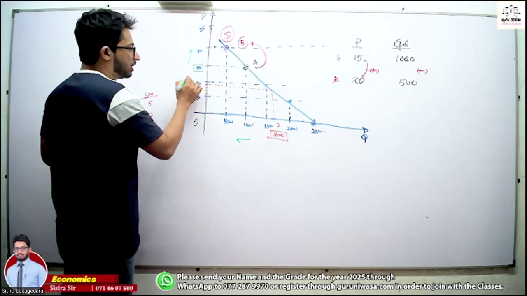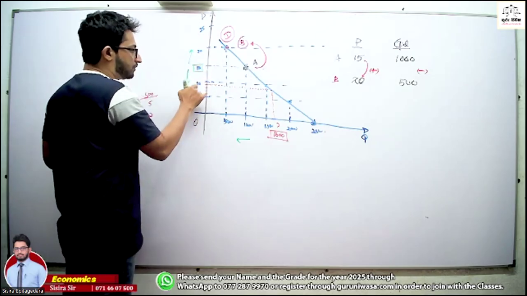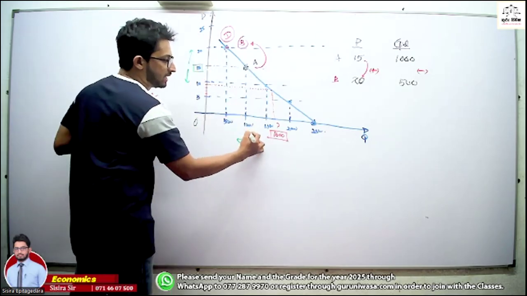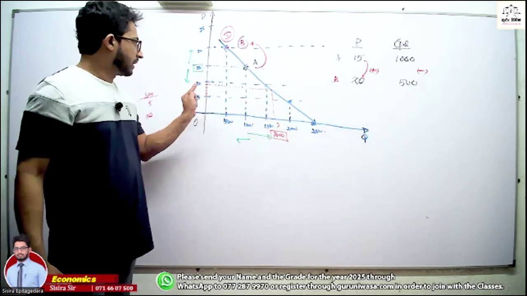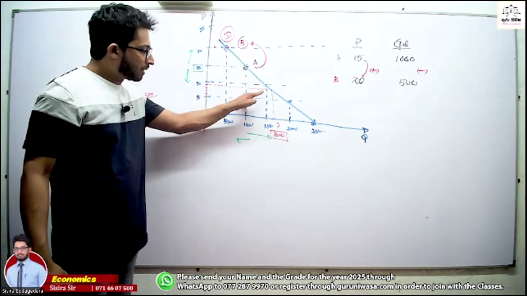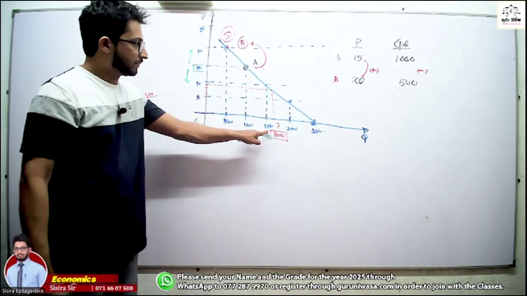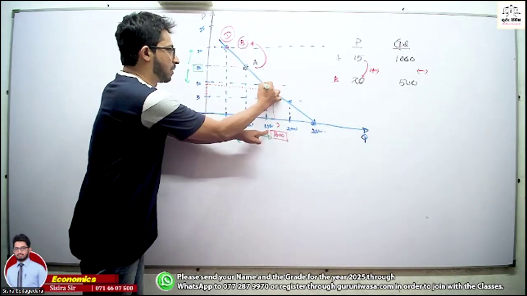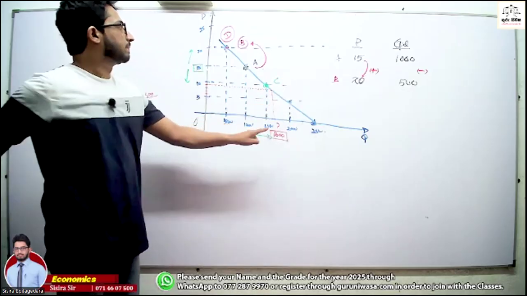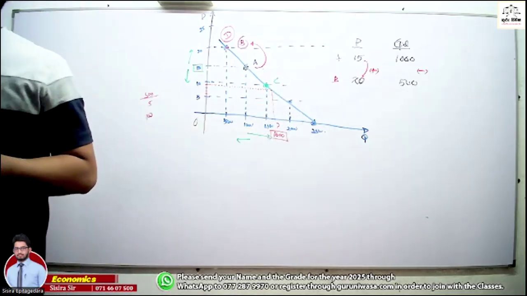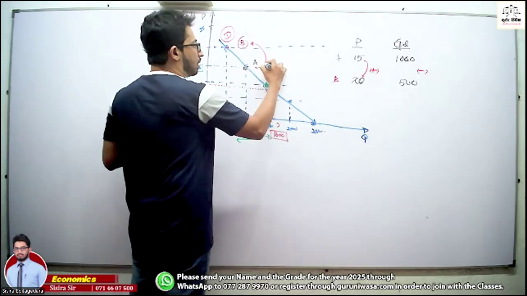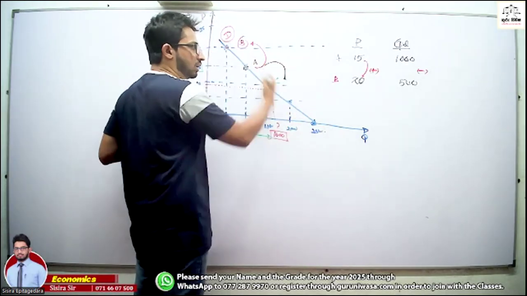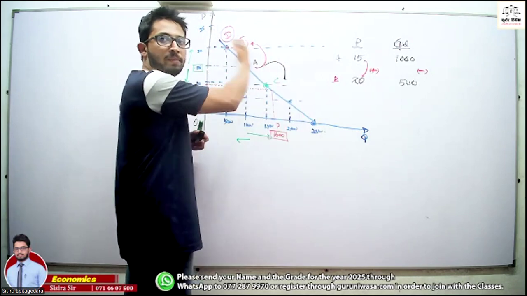Now, Dinal, if price falls from 15 to 10, you can see demand rises from 1,000 to 1,500, right? Price 10, demand is 1,500. Is that clear? Yes, sir. This is point C. It's one of the points on the demand curve. You can see points are moving up and down along the demand curve.